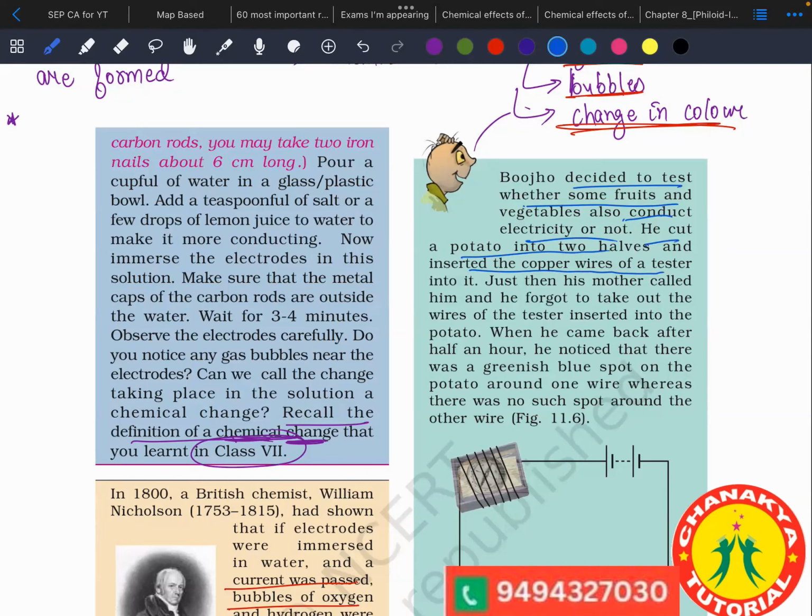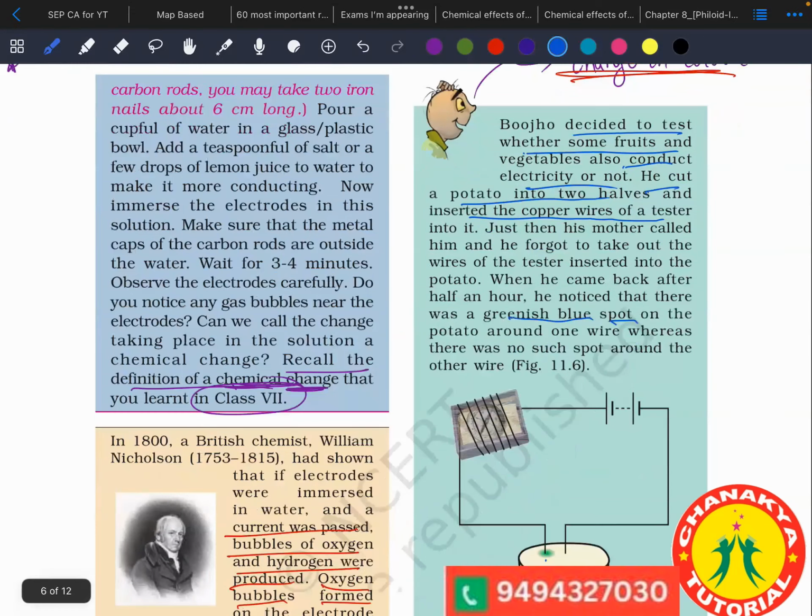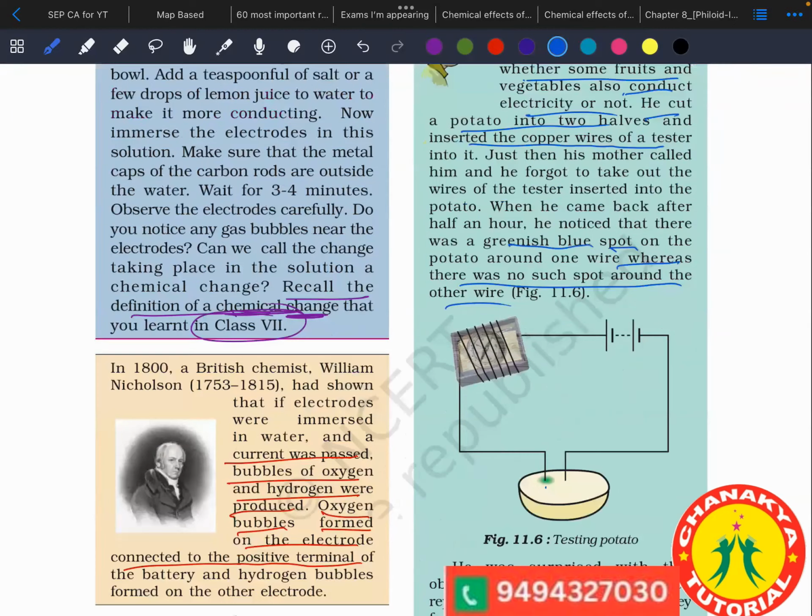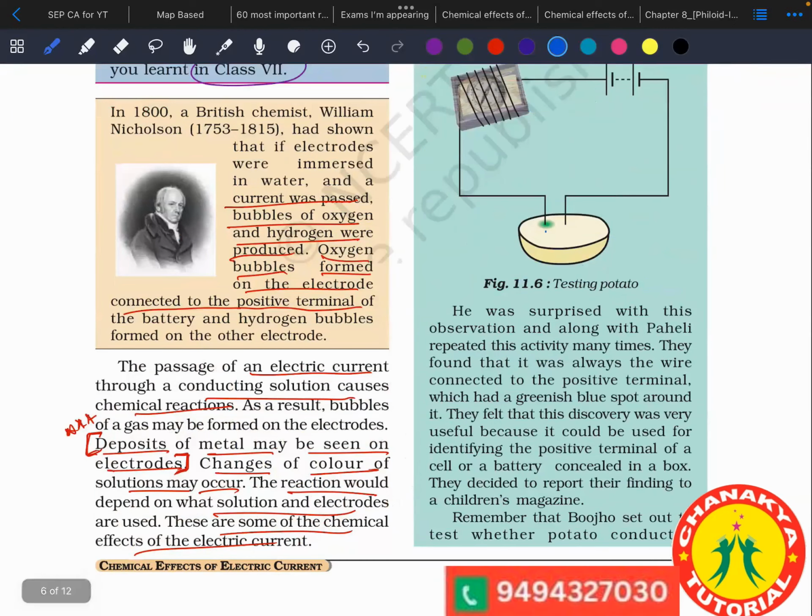When he came back after half an hour, he noticed that there was a greenish blue spot on the potato around one wire, whereas there was no spot around the other wire, like you asked. He was surprised with this observation. Along with Paheli, he repeated this activity many times. They found that it was always the wire connected to the positive terminal which had a greenish blue spot around it.